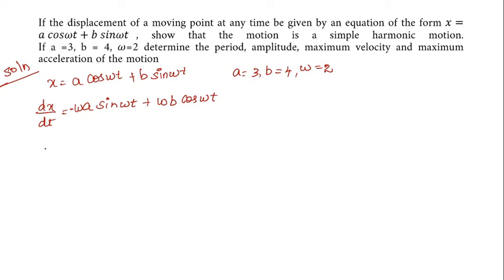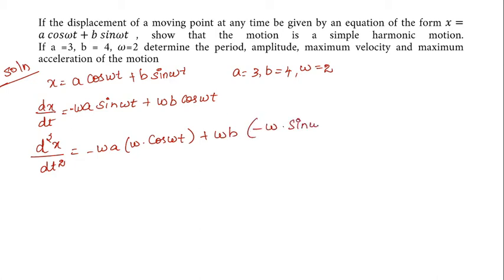If you differentiate once again, d²x by dt², this will be minus ω a, and differentiating sin ωt gives ω cos ωt, plus ω b, and the derivative of cos ωt will be minus ω sin ωt.